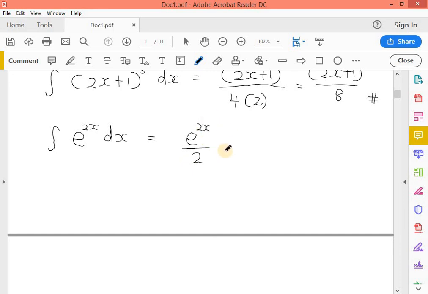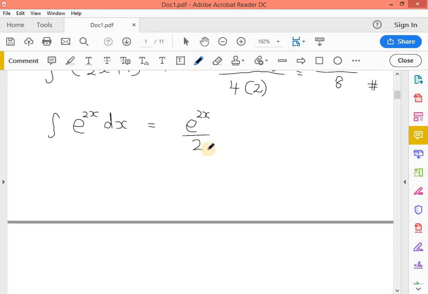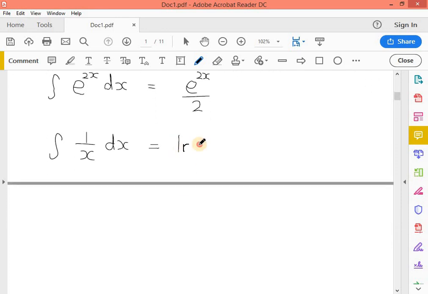For differentiation, you multiply by 2, right? So for integration, you have to divide by 2, okay? Any more special one? Okay. How about this one? 1 over x dx. What will be your answer? Log x. Okay, this is a basic one. So try to search for your own integration laws.